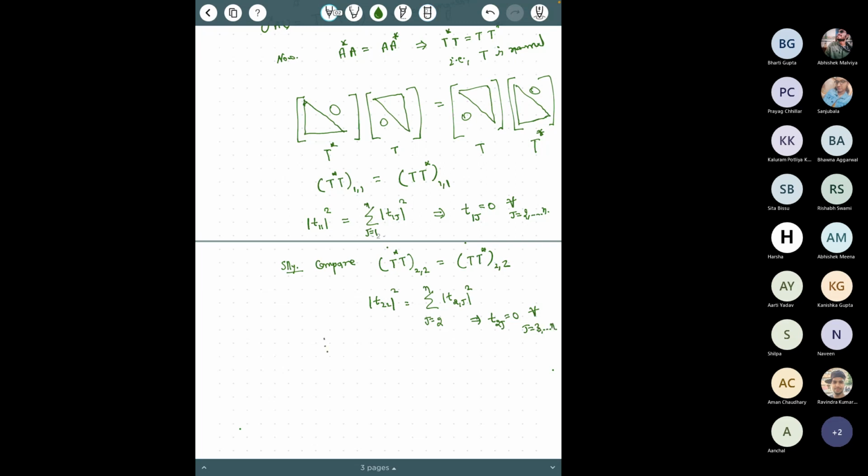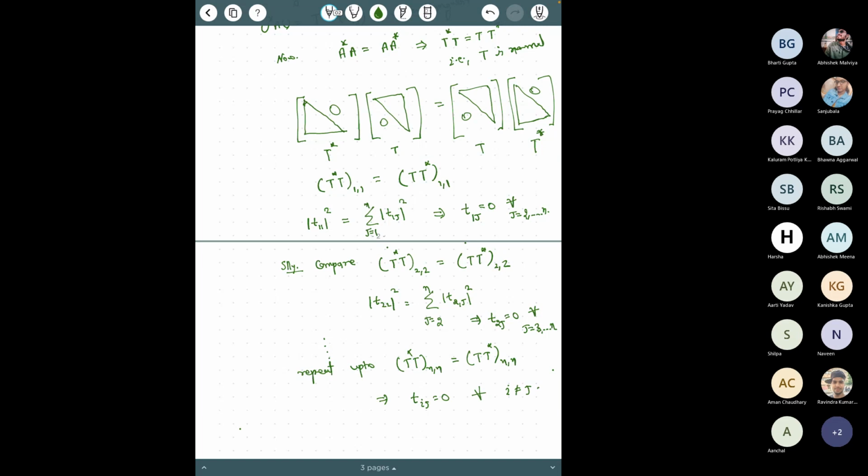And if we repeat the same thing up to the n-th entry, if we compare all these diagonal entries of T star T and T T star, then this implies that Tij equals 0 for all i not equal to j, right?